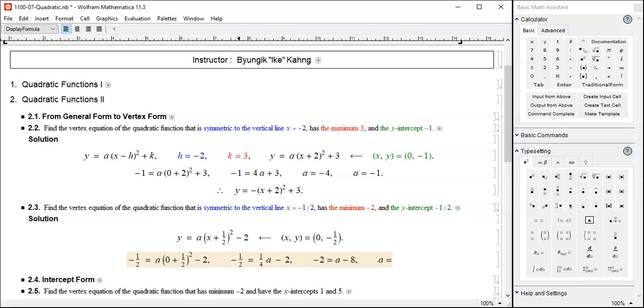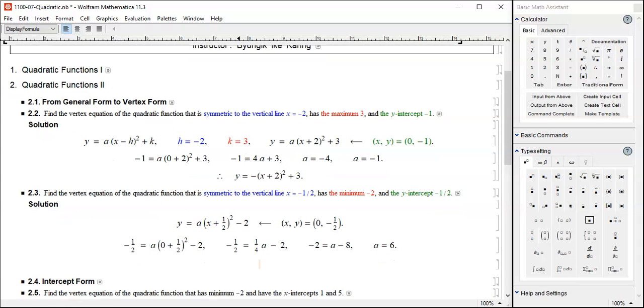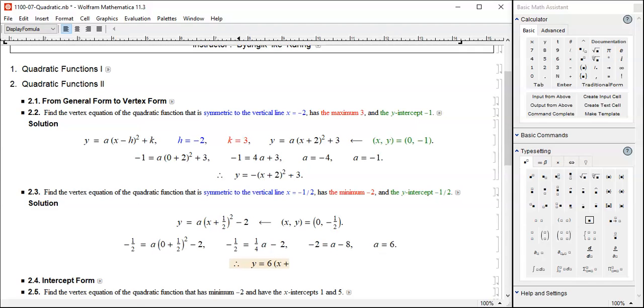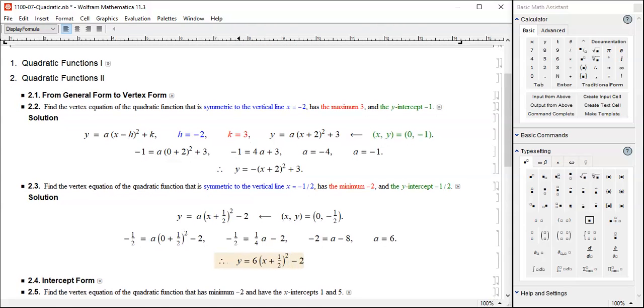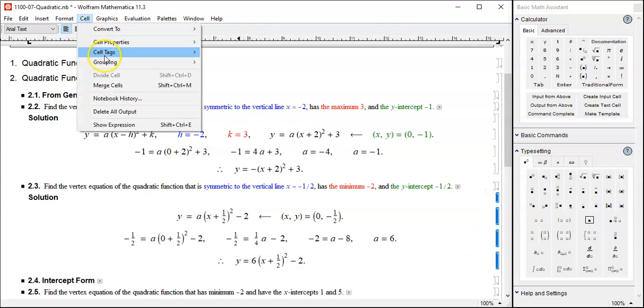Am I getting 6 for a? So y equals to 6 times x plus 1/2 squared minus 2. Is that the solution?